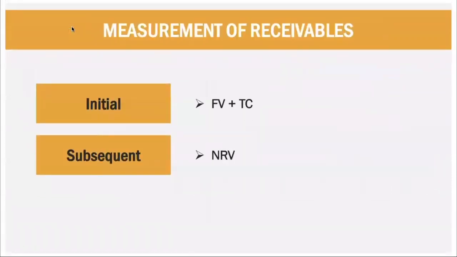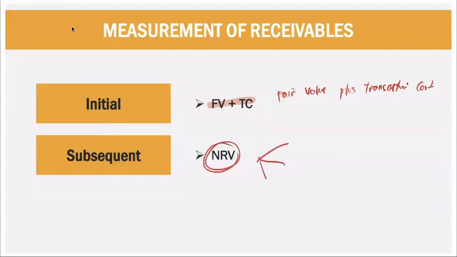Now, how do we measure it? To measure your receivables, initially, it is fair value plus transaction cost. The subsequent measurement is your net realizable value. Soon you will learn net realizable value of AR is different, notes receivable is different, and loans receivable is different.